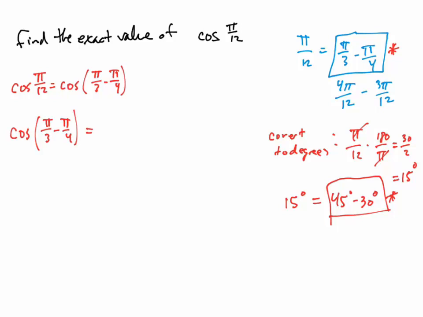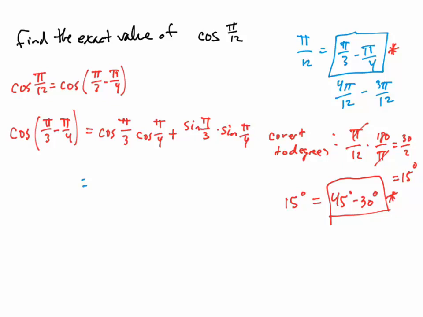That is going to be equal to cosine of the first times cosine of the second. Now when we have a difference of cosine, the operator changes. So now this is plus sine of the first times sine of the second. And then we just evaluate these.